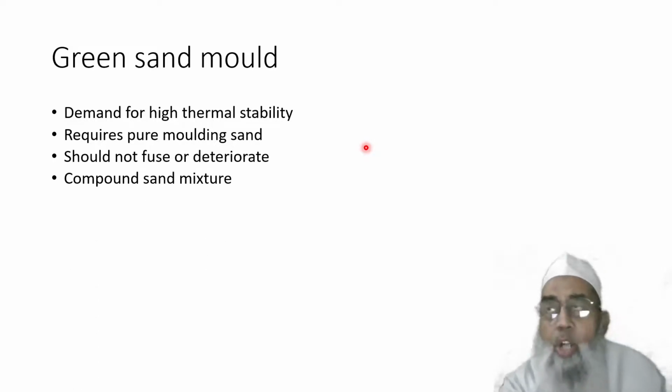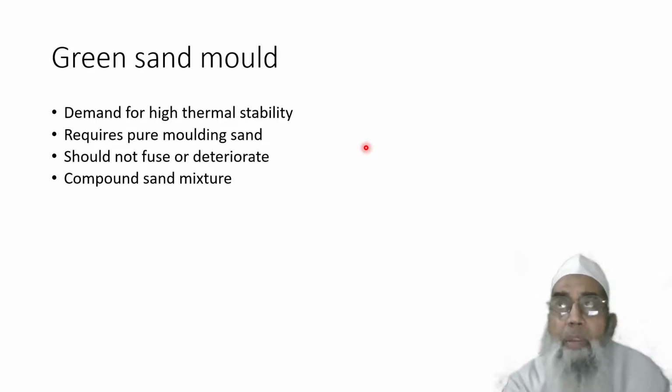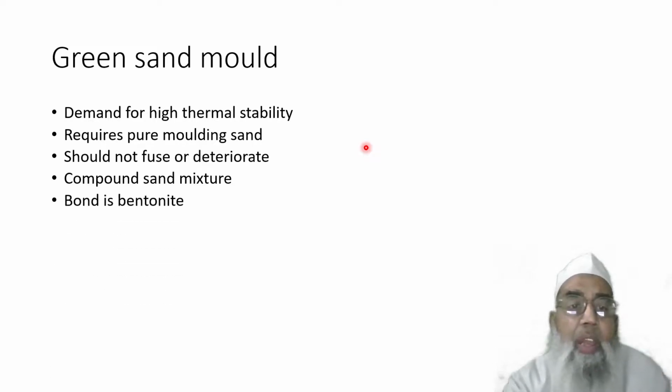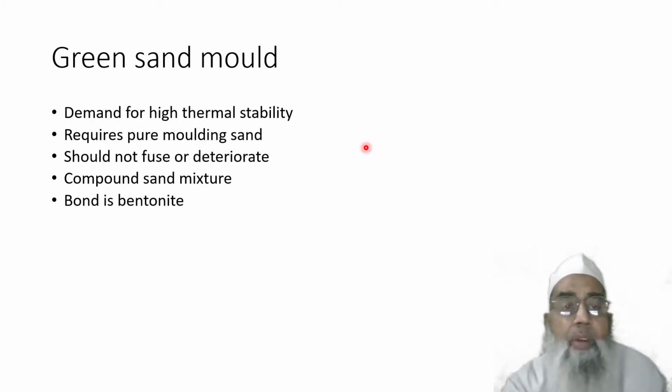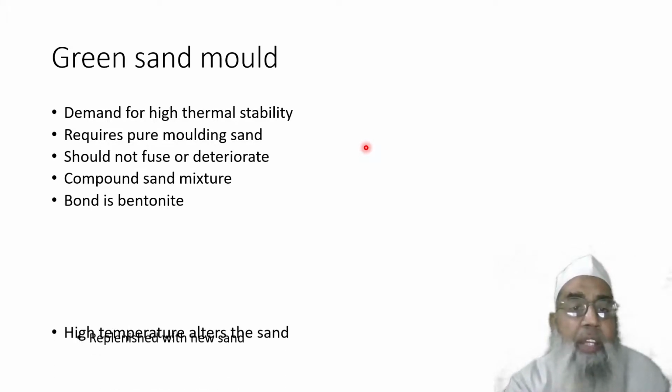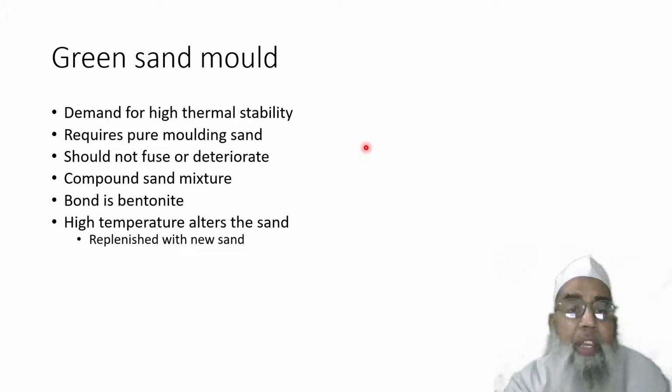Compounds and mixtures can also be made, so that depending upon the property we need, we can have the mixtures, such as bound compound sand mixtures, and bentonite can be used. Now, high temperature alters the sand, and it is replenished with new sand.